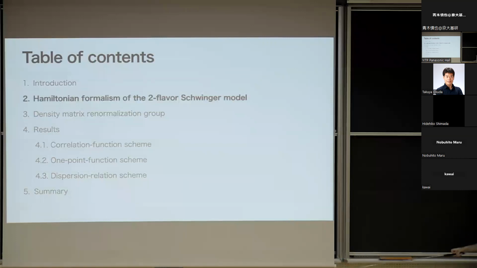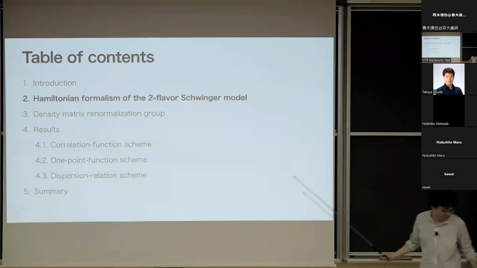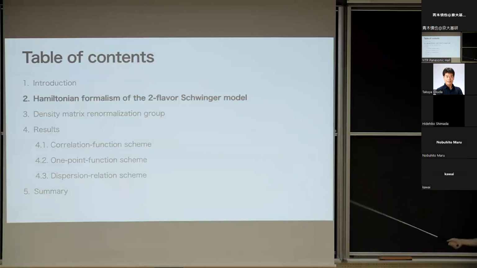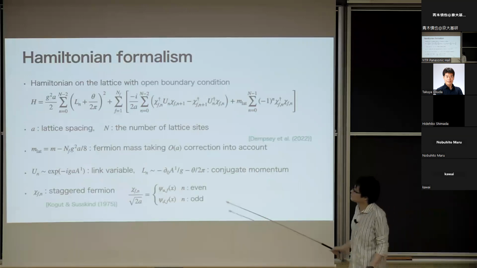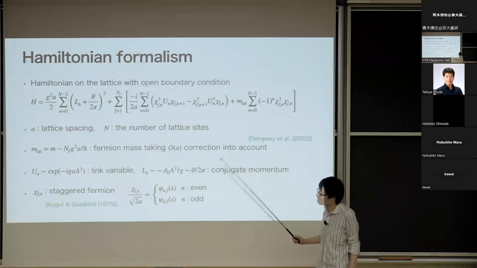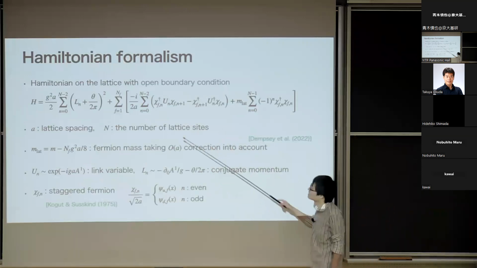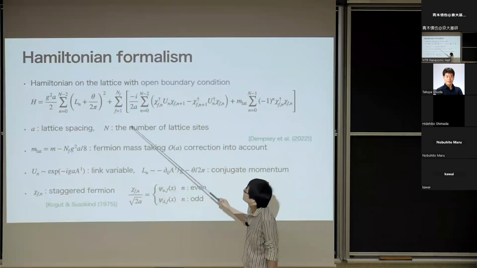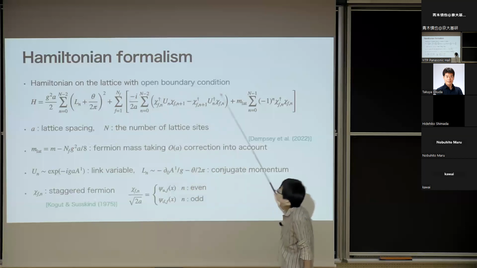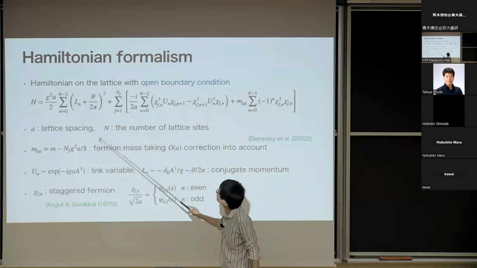So we go next. We briefly explain the Hamiltonian formalism of the two-flavor Schwinger model. In the previous page, I explained the continuum theory. So we now introduce a lattice theory, I mean, the lattice Hamiltonian. And this is the Hamiltonian. There are some parameters.